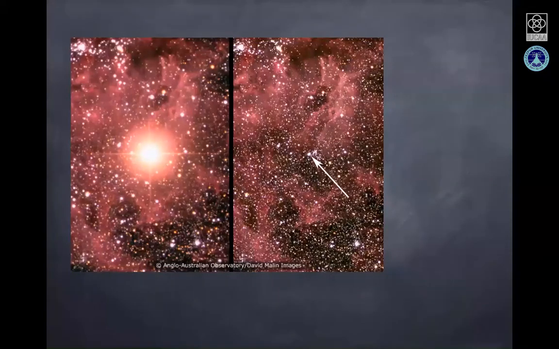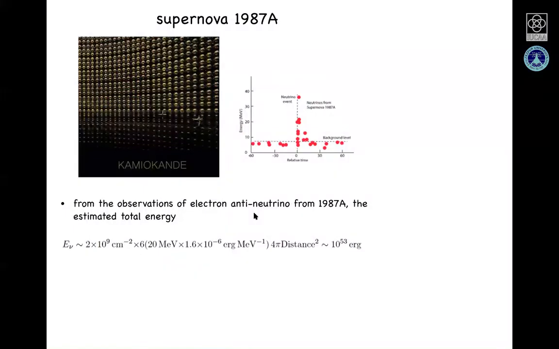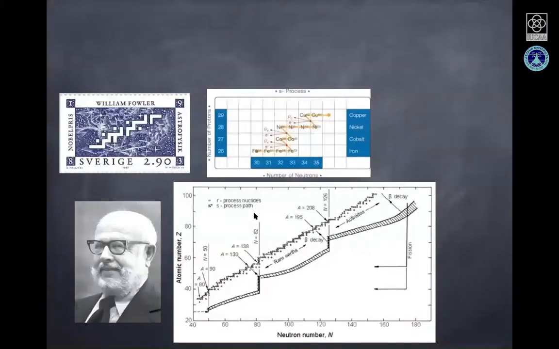The energy of the explosion then creates all the other elements beyond iron. There are very complicated nuclear processes that happen. It was first worked out by William Fowler, who also got the Nobel Prize.